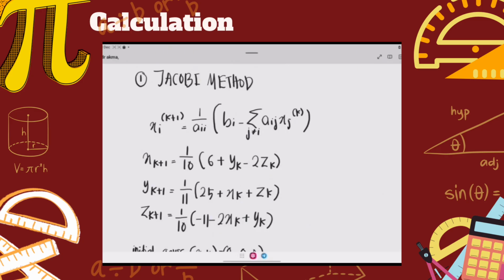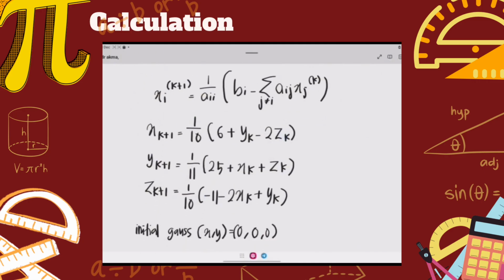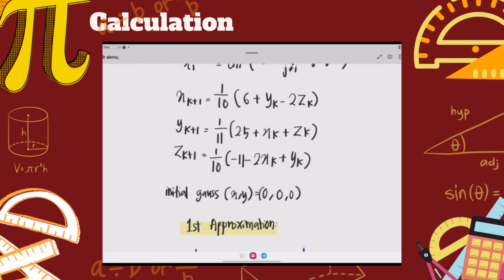As you can see here, I have already written the equations, and when we substitute the x, y, and z, we will get this. We will start our calculation using the initial value, which is 0.